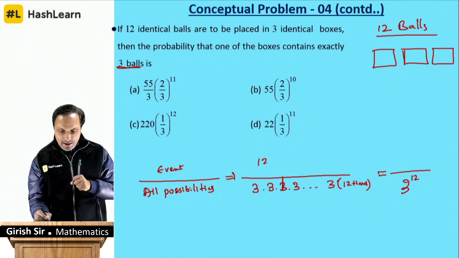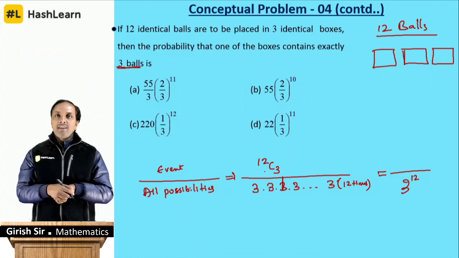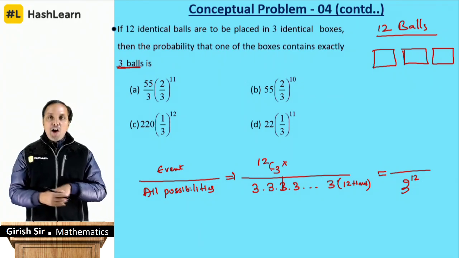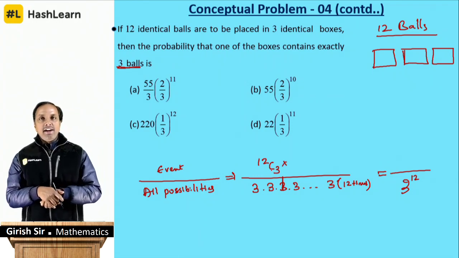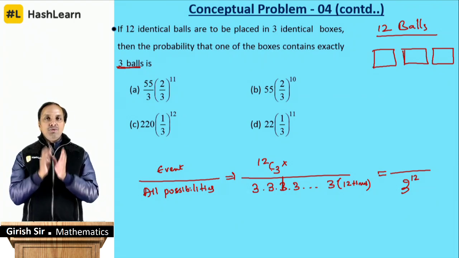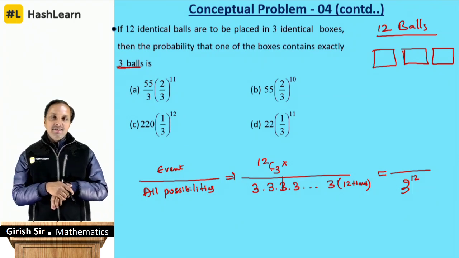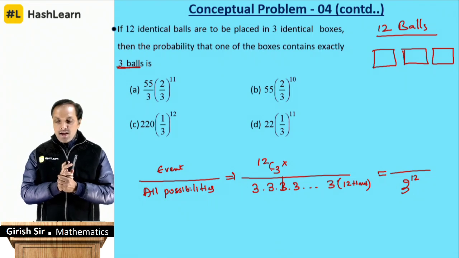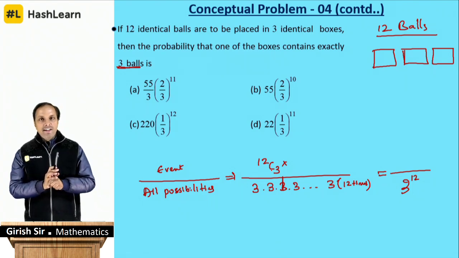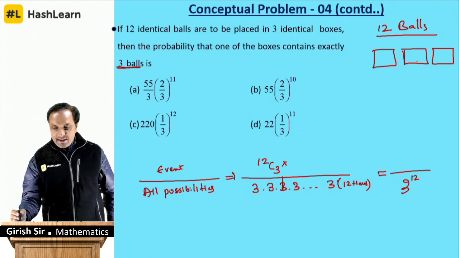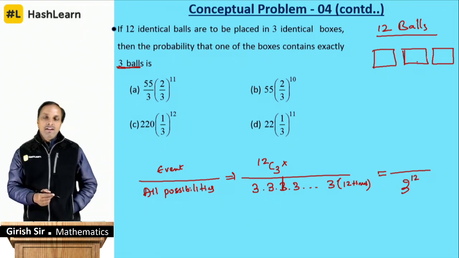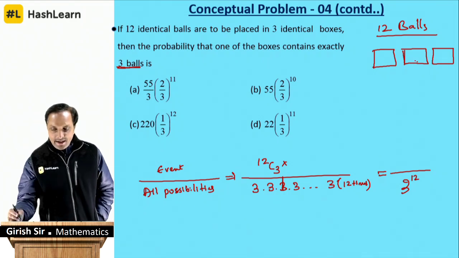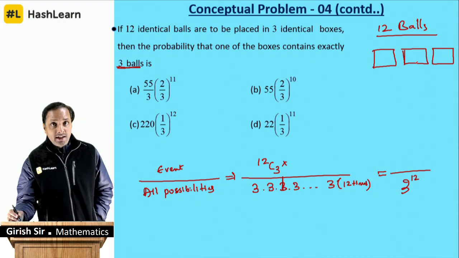That is 12C3. And how many balls are left when you select 3? 12 minus 3 is 9. So 9 balls are left out. So those 9 balls, I need to place in the other 2 boxes. So how will you do that? I can place the remaining 9 balls. I'll pick one, I will place in 2 ways.